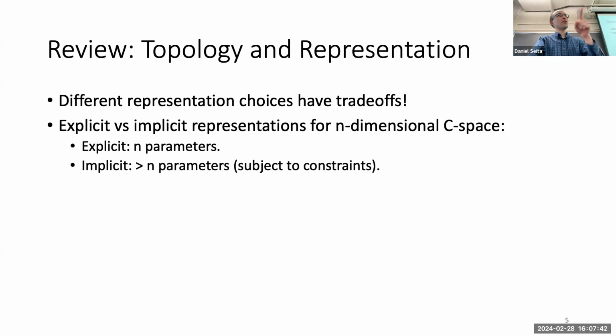Yeah. So we talked about latitude and longitude. And so that gives you two numbers to specify where something is on the surface of a sphere. And that's the minimal number, basically.